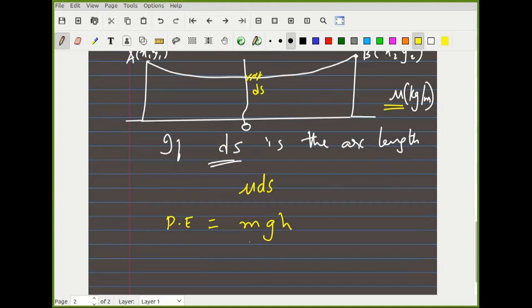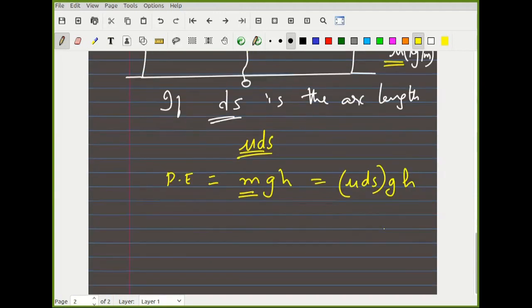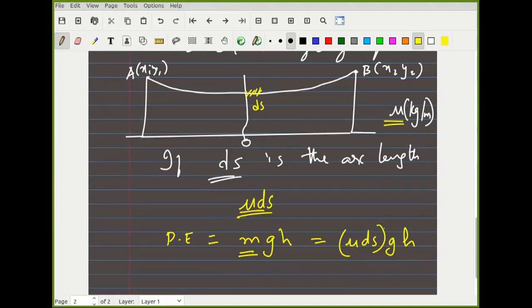Because my mass is mu ds, I can write it as mu ds times gh. And so this is just for this arc length element.